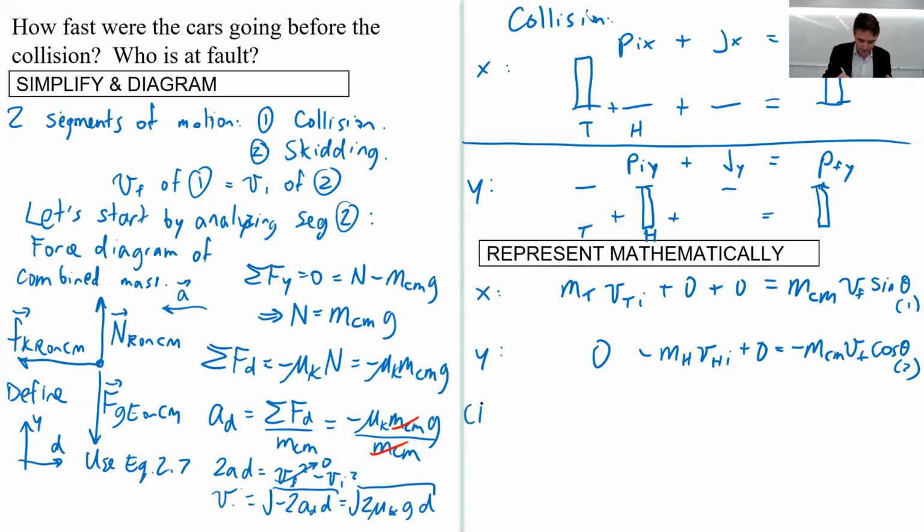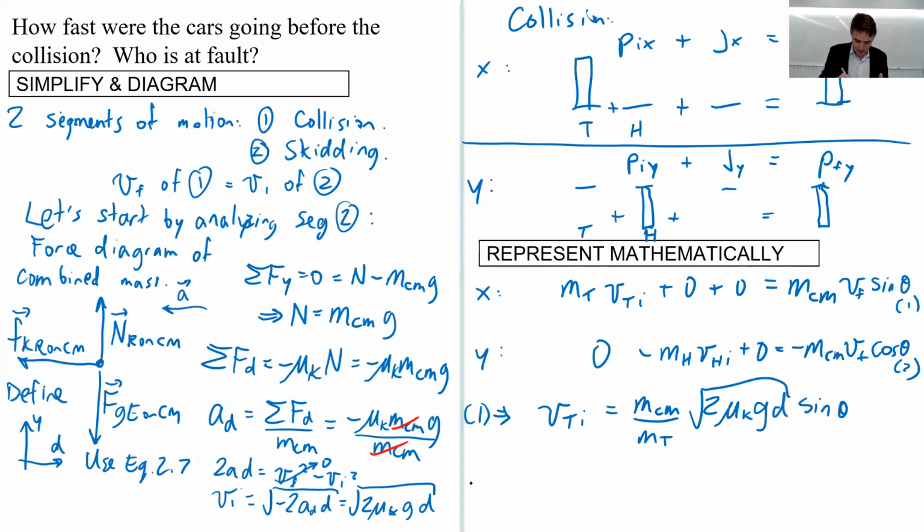So equation 1 tells you that v Toyota initial is equal to the combined mass divided by the mass of the Toyota times the v final, which is the v initial of the skidding phase, so the square root of 2 times mu sub k times g times d times sine theta. And the second equation for the y component tells you that the velocity of the Hummer is m_cm divided by m Hummer times the square root of 2 mu sub k times g times d times cos theta.